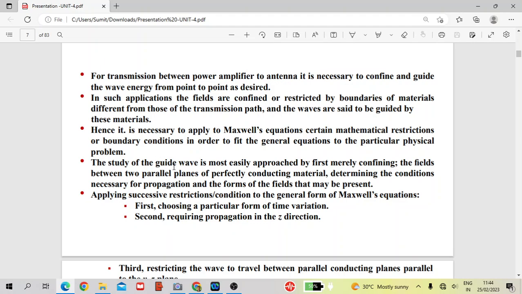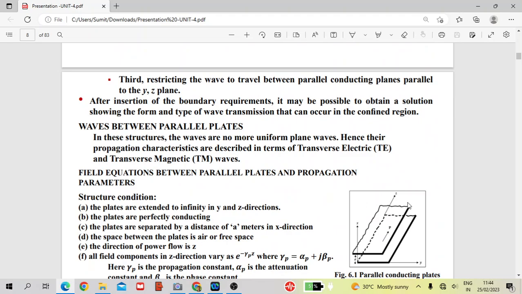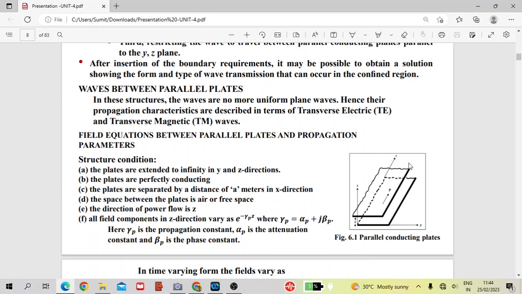The study of guided waves is most easily approached by first merely confining the field between two parallel plates of perfectly conducting material. So first we consider two parallel plates as the guiding structure, and these are open from all sides, only guided from top and bottom.